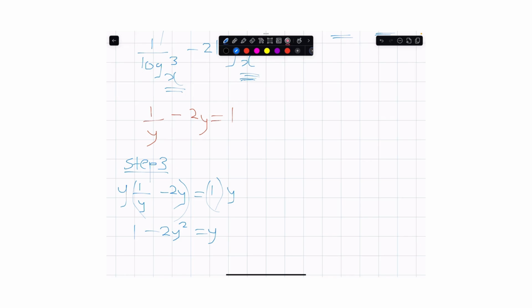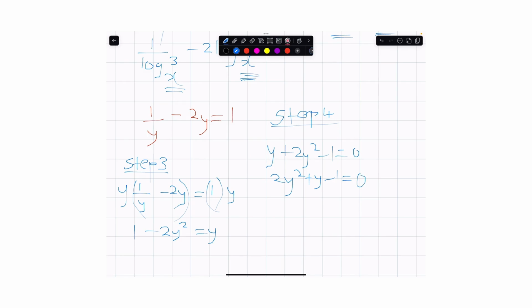You now want to regroup your equation. So on step number 4, what you're simply doing is regrouping your equation. So you're going to get 2y squared plus y minus 1 is equal to 0.